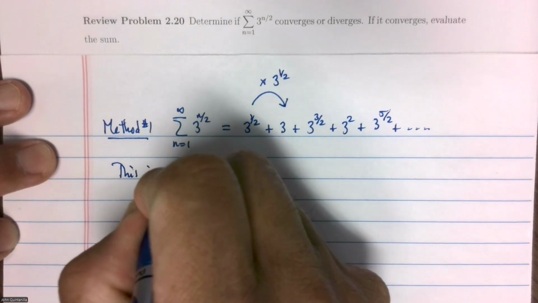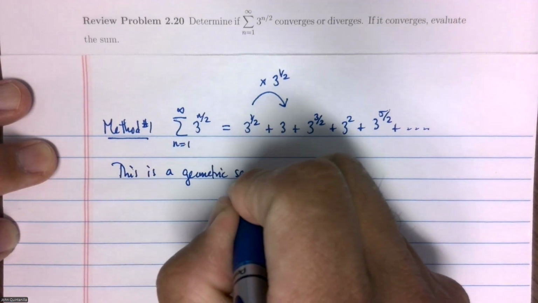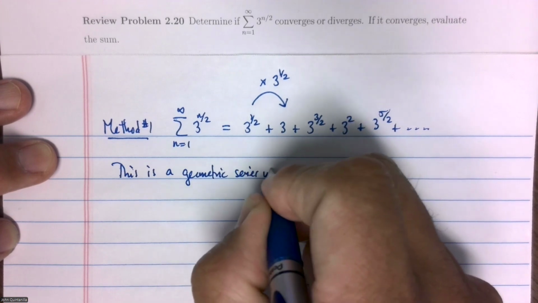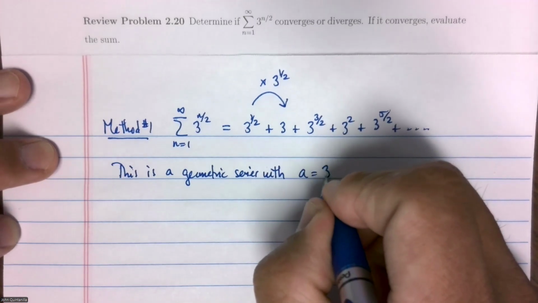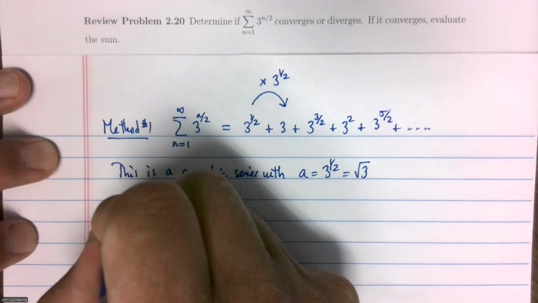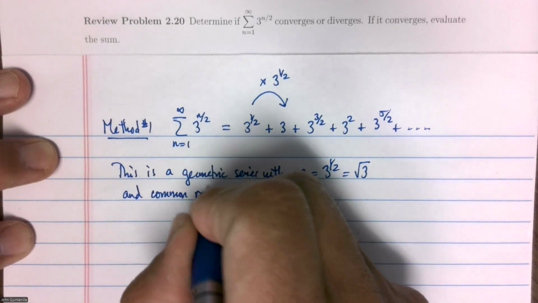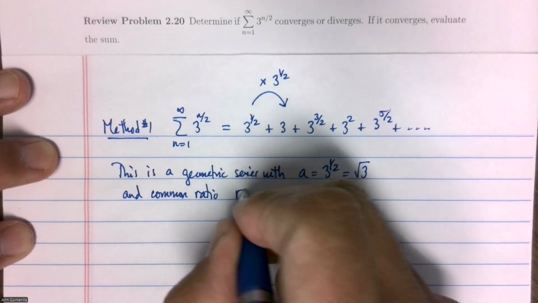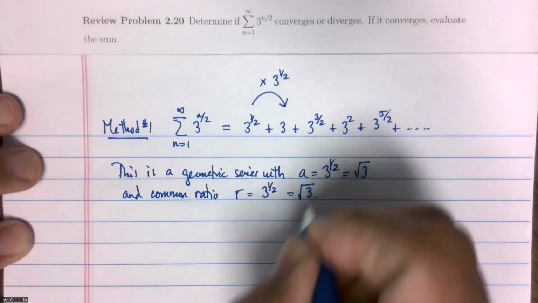This is a geometric series with first term equal to 3 to the 1/2, or square root of 3, and common ratio r also equal to 3 to the 1/2, which is equal to the square root of 3.